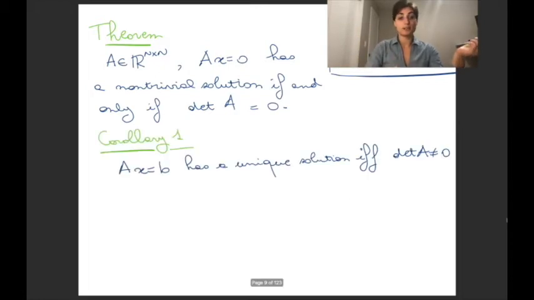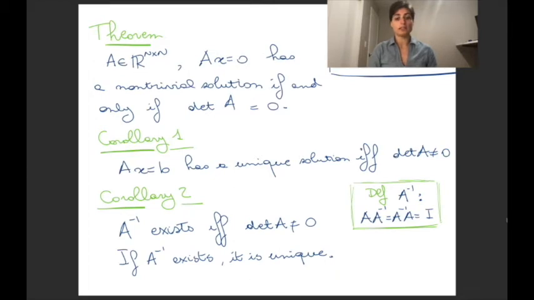Because one application of it is that Ax equal b has a unique solution if and only if the determinant of A is different than 0. So if you're looking at a situation and you want to find the only thing that fits in there, well, there is just one, only if the determinant of A is different than 0. If the determinant of A is equal to 0, then there are infinitely many solutions. And that is not usually something we like.